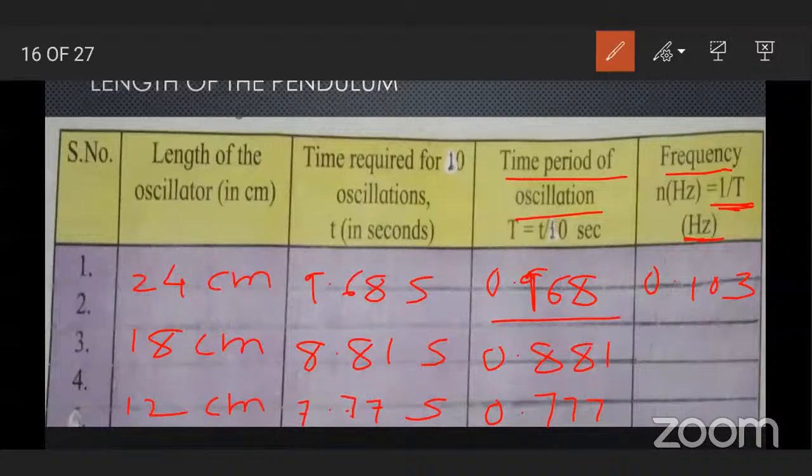So the answer is 1.135. Okay. Now next one is 1 divided by 0.777. It is, wait a minute. Second one I'm doing again.